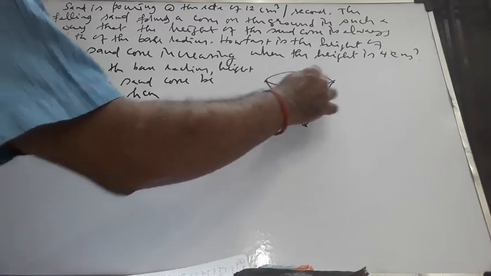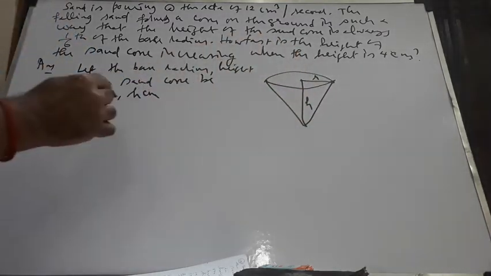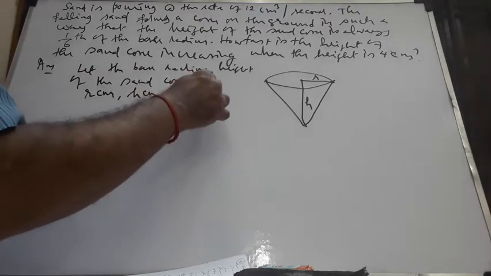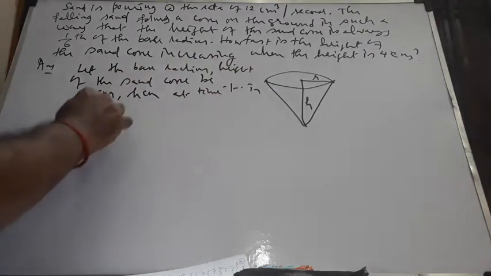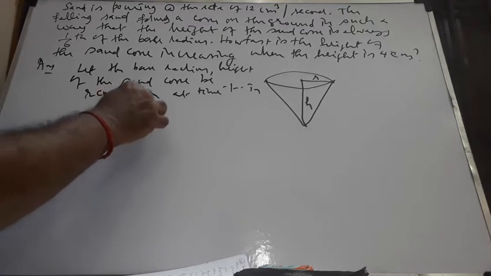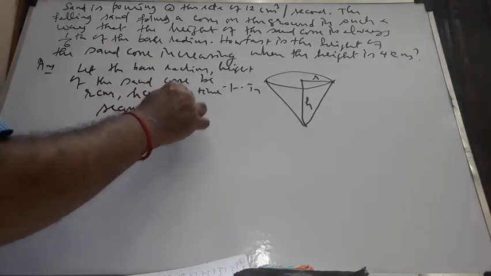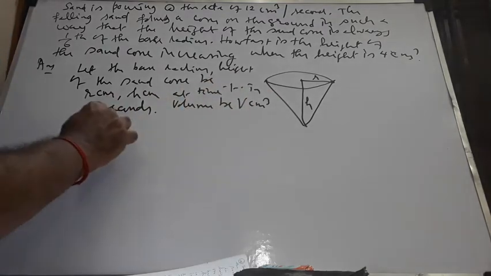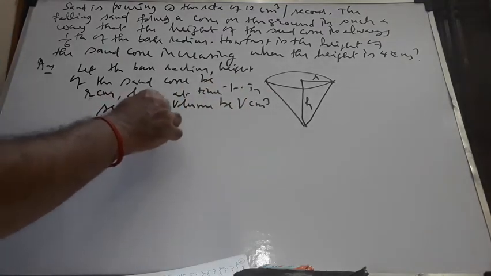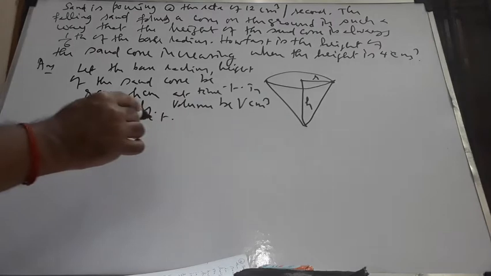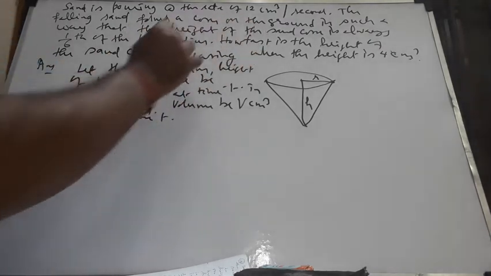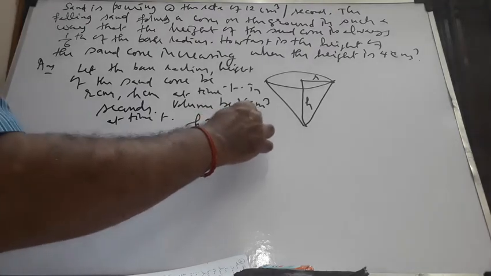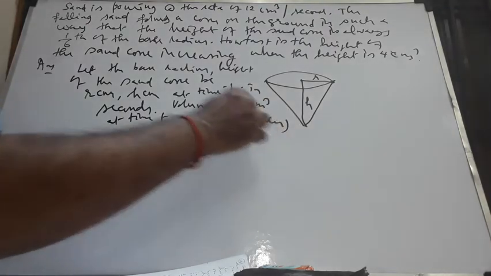This is h, this is r, at time t in seconds. Volume V centimeter cube at time t. Now just listen carefully. What is the condition given? Height of the sand cone h is equal to 1/6 r. This is given to you.